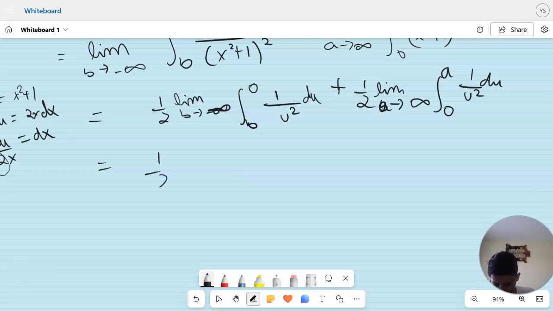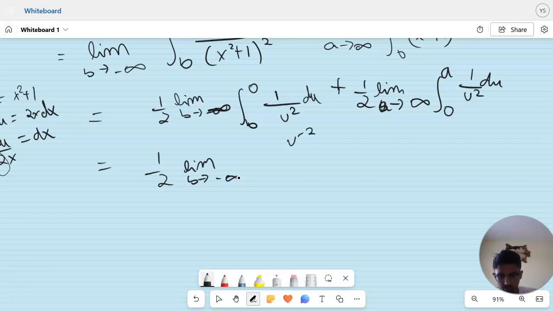Okay, so half, the limit as b goes to negative infinity. Now this is u to the negative 2, right?